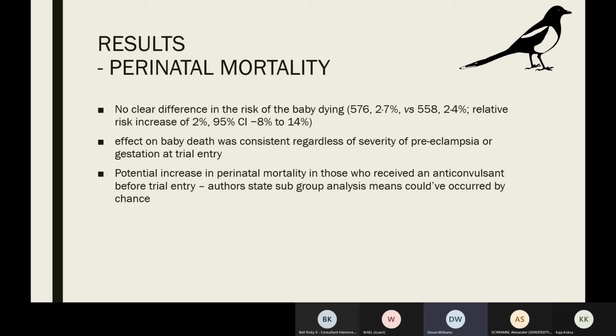The only slight caveat was a slight increase in perinatal mortality in those who received anticonvulsant therapy prior to trial entry, by which I mean things like benzodiazepines or similar medications. They did write in the report, however, that this could have been a case of trawling through the data and finding something significant rather than actual significance being there.